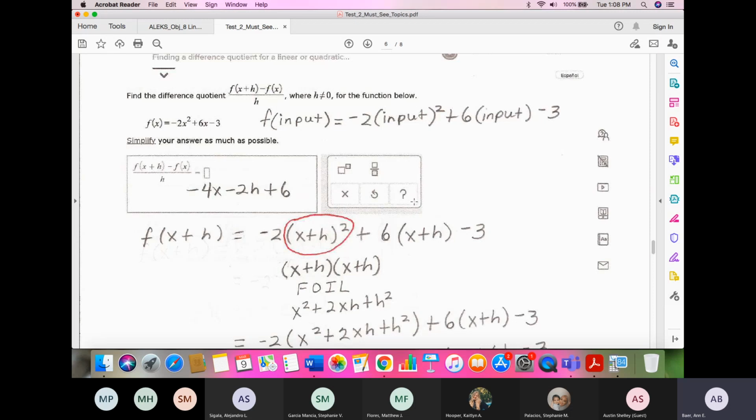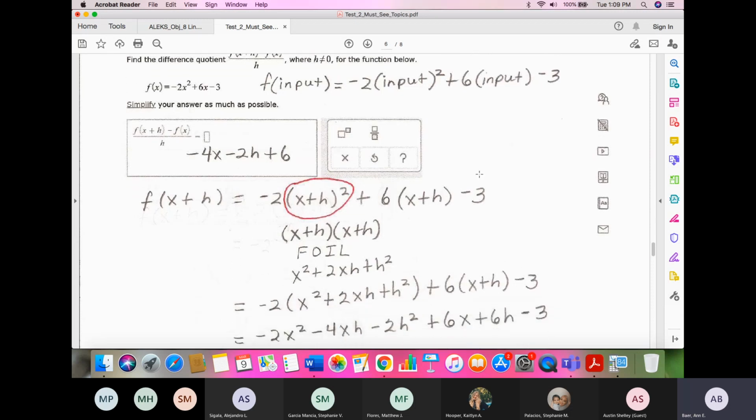Plus 6. And then we see the word input. Our input is what's inside here, x plus h. So we're putting x plus h in for this input. And that will give us 6 times x plus h minus this 3. And we want to work with this for a while.